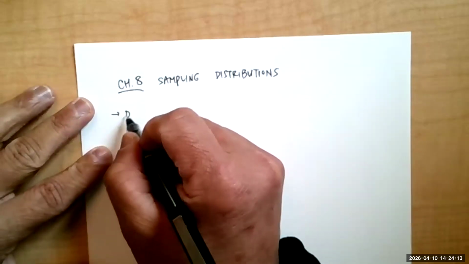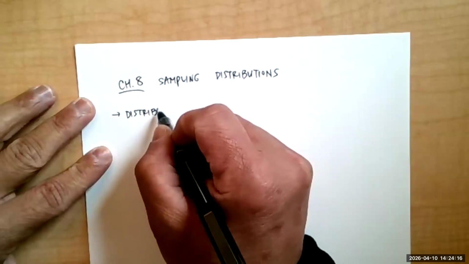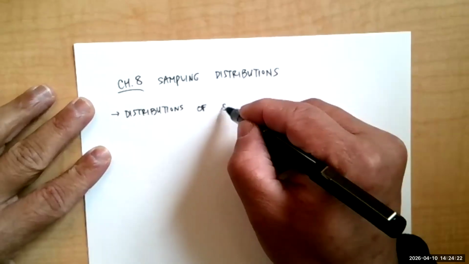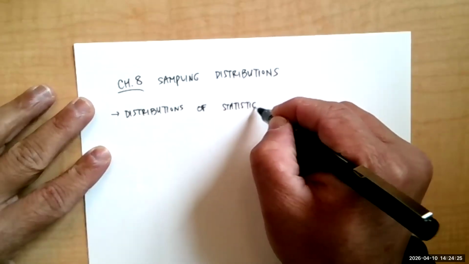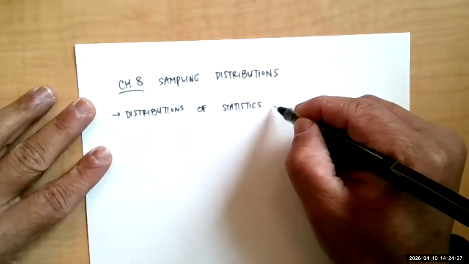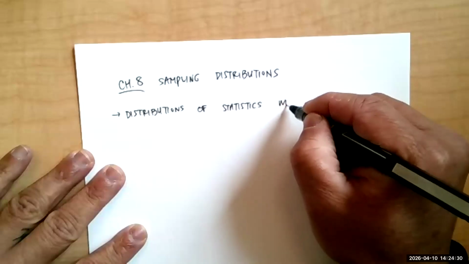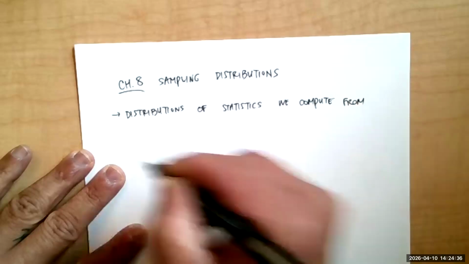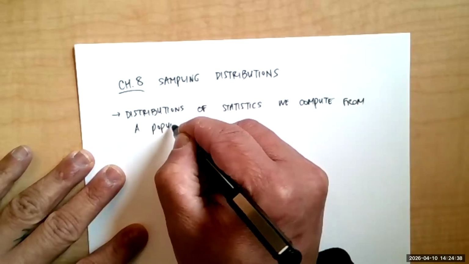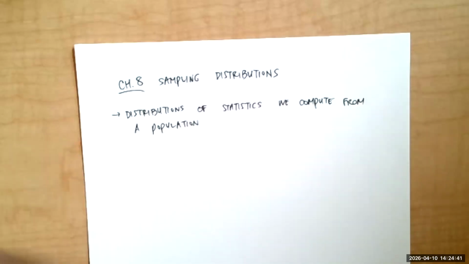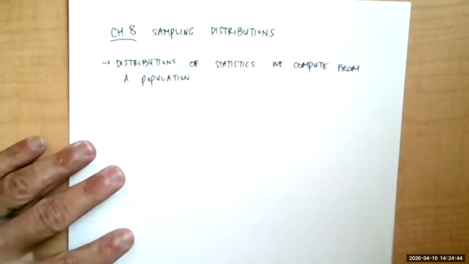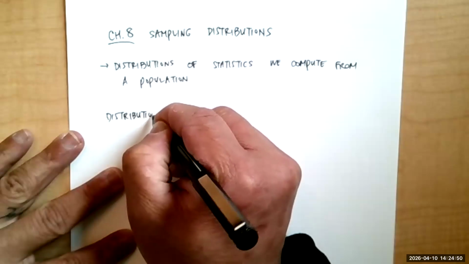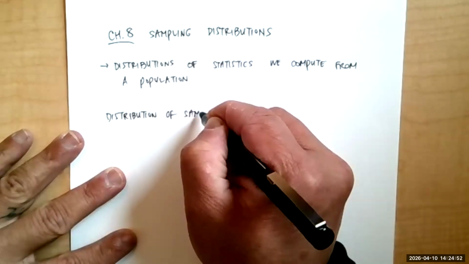But basically here we're looking at the distribution of statistics, values we compute from samples, the distribution of statistics we compute from a population. In particular, we're going to look at our sampling distribution of sample means.